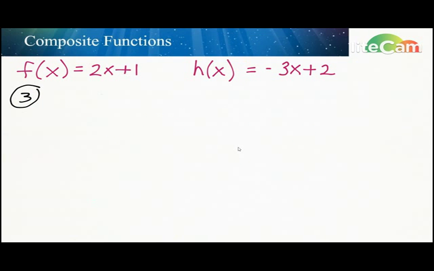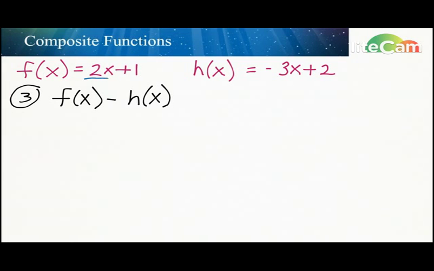Okay, let's do number 3 of your assignment. So we're going to work it the same way. This time we're going to do f of x minus h of x. Notice they haven't given us a number to actually evaluate. So let's just take the expression.